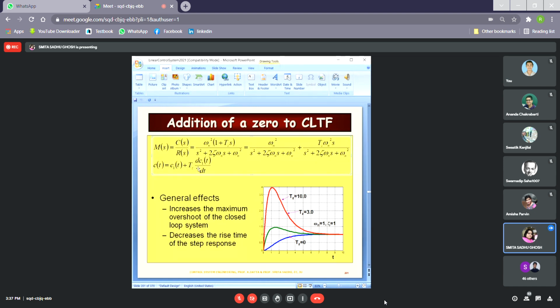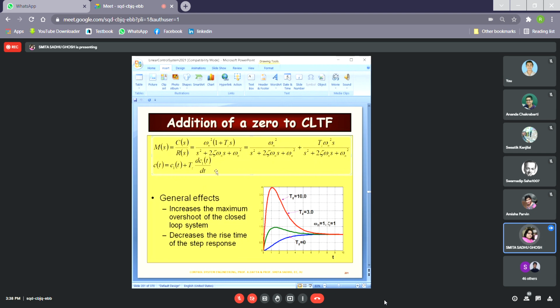If c1(t) is the notation we use for the standard second order time response for this particular slide, then we have c1(t), which is the Laplace inverse of this, plus tz into the derivative of c1(t). This is the time response, right?